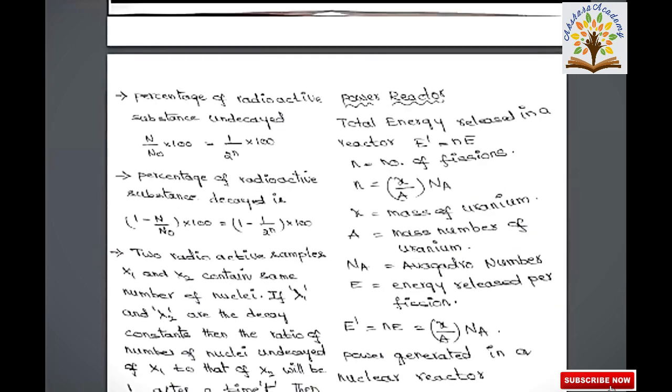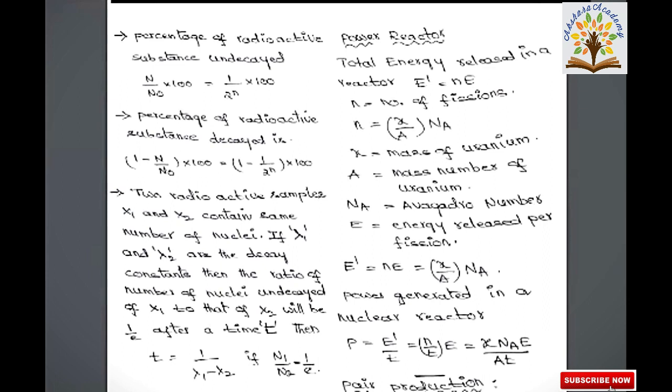Okay. Then finally we have to learn the remaining theory, that is regarding nuclear reactor and chain reaction. In problems, the next important formula is the total energy released in a reactor, given by E dash is equal to n into E, where n represents the number of fissions occurring in a nuclear reaction, and it is equal to x by A into Na, where x is the mass of uranium used, A is the mass number of the uranium and Na is the Avogadro number.